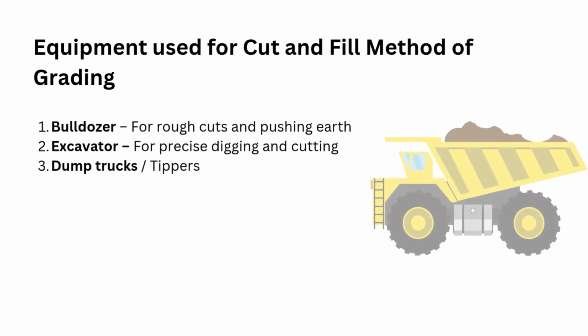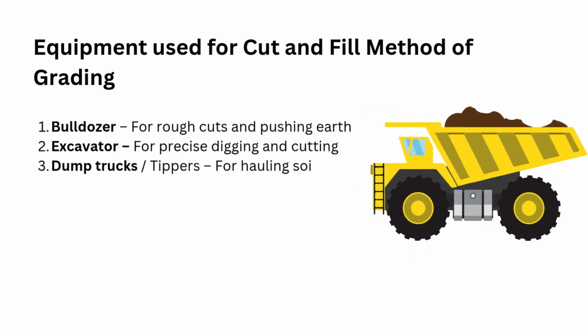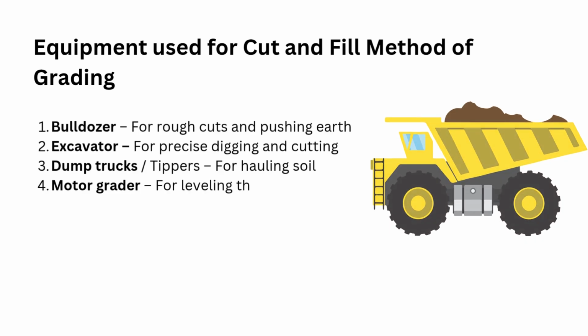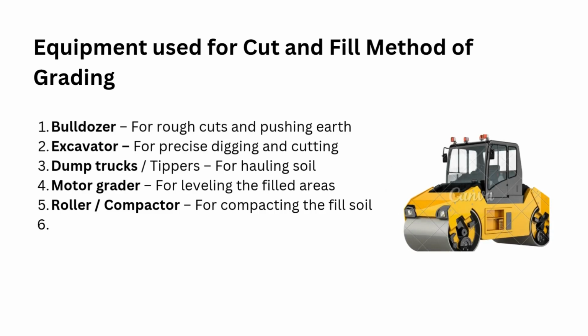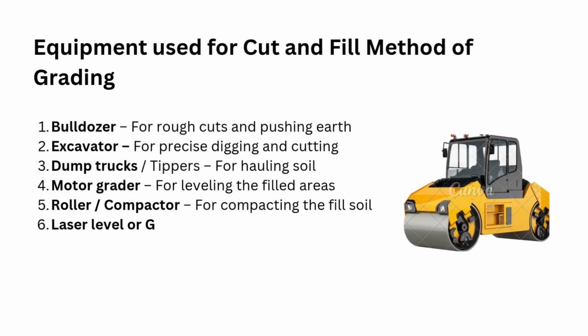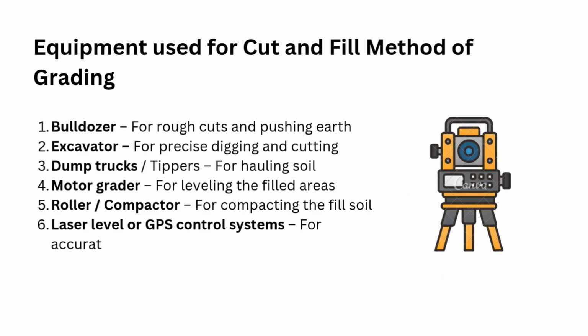Dump trucks/tippers, used to transport excavated soil from cut areas to fill locations. Motor graders, help in leveling the filled areas accurately to match design elevation. Soil compactors/rollers, essential for compacting the filled layers to avoid future settlement. Laser level systems or GPS machine control, for maintaining grading accuracy over large areas.